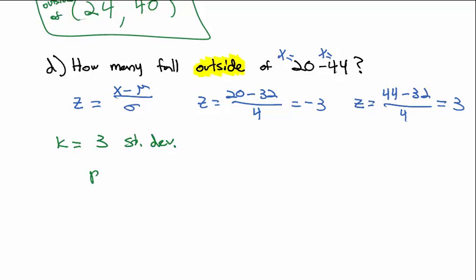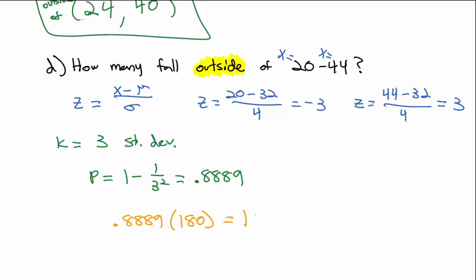Our proportion then is 1 minus 1 over 3 squared. 1 minus 1 over 3 squared is 0.8889. If we take 0.8889, which is our proportion, times the total number of values, which is 180, we get approximately 160.